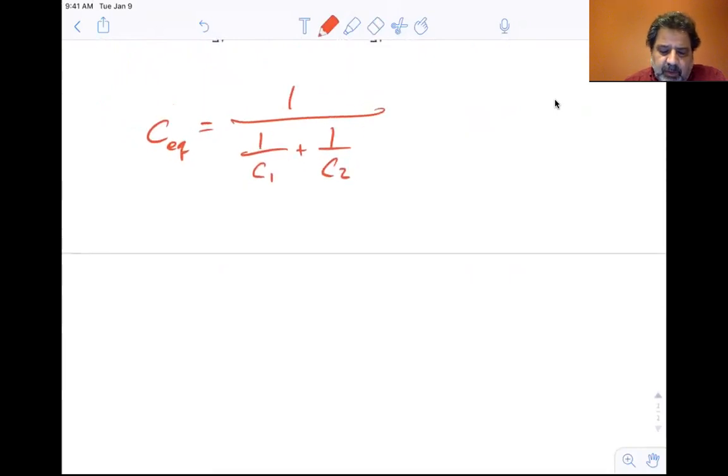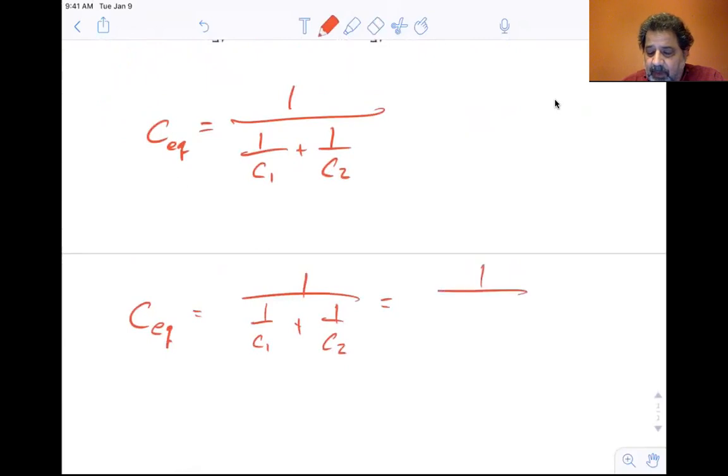So let's do 1 over C equivalent is equal to 1 over C1 plus 1 over C2. Now we want to combine those. Well, let's get the common denominator. So that's C2 over C1 C2 plus C1 over C1 C2. I think everybody should understand what I'm doing here.